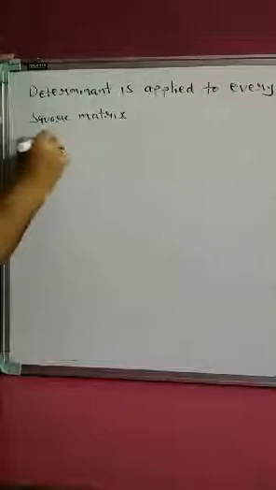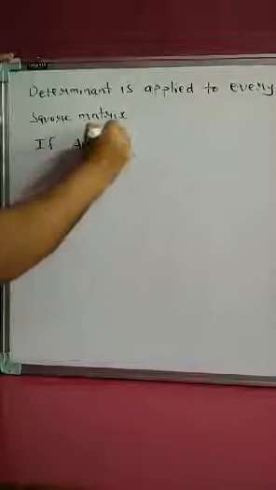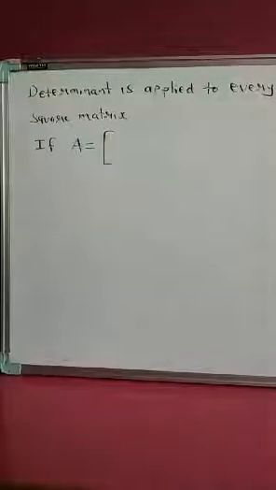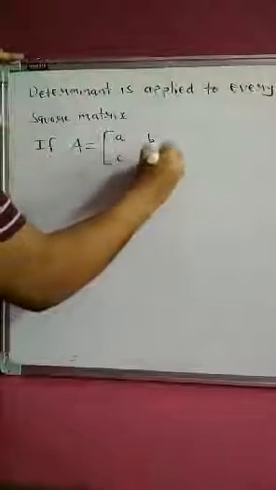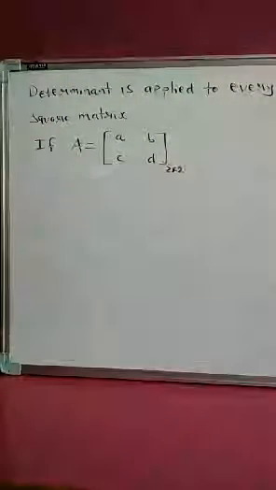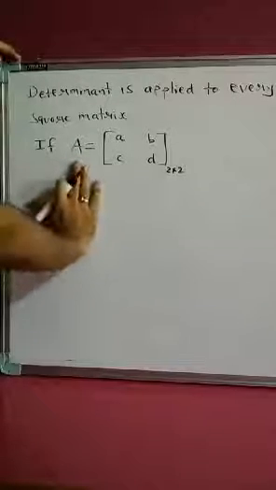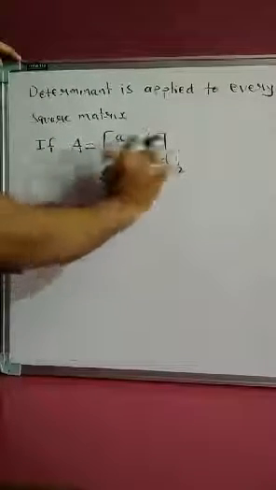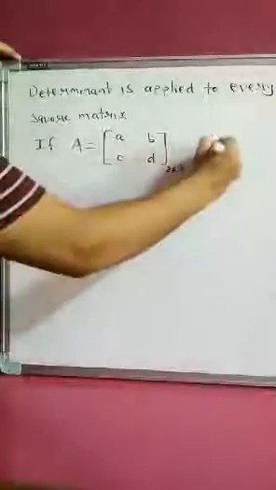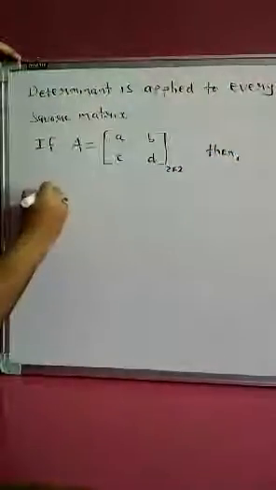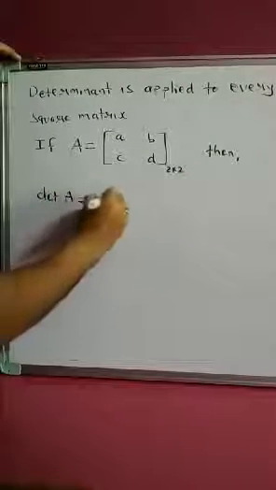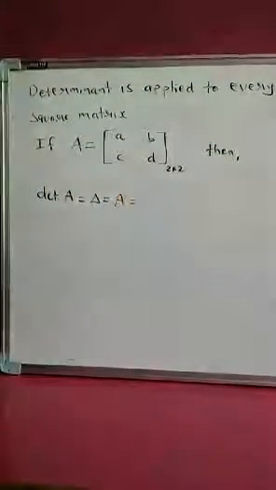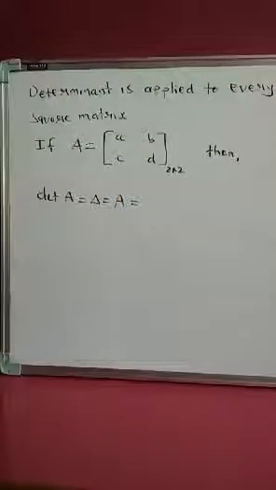If there is one matrix A, capital A, which is a b c d, a 2 by 2 matrix, then the determinant of A we can write in this way. We can write delta, we can write A. See, we can represent determinant in this way.